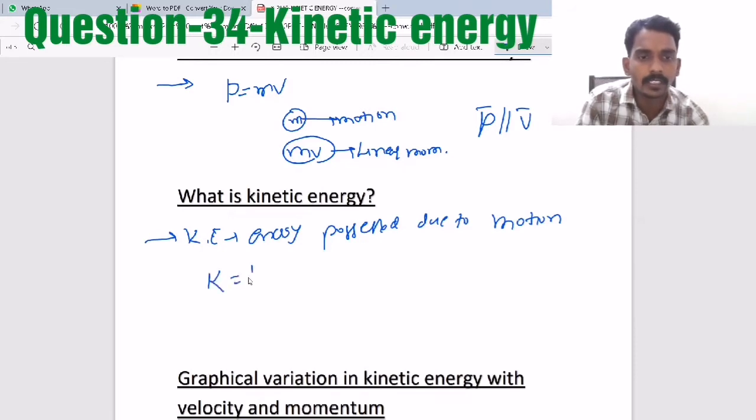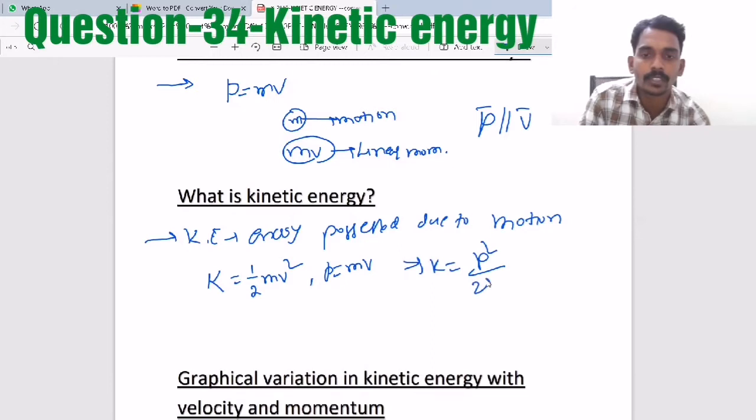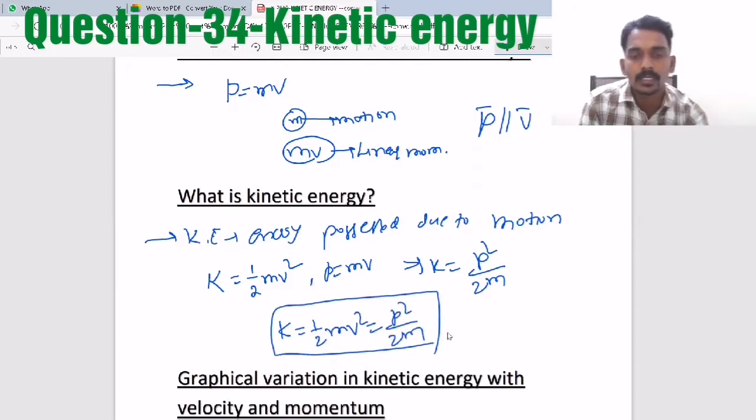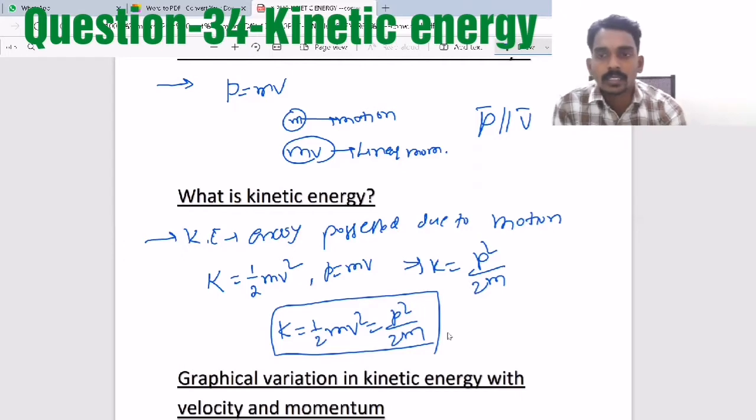The kinetic energy formula is half mv square. And if you substitute the v value from this equation, kinetic energy also becomes p square by 2m. So kinetic energy is half mv square or p square by 2m. This is the general kinetic energy formula.